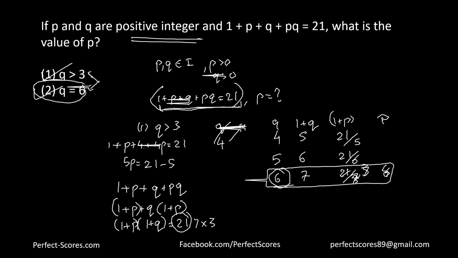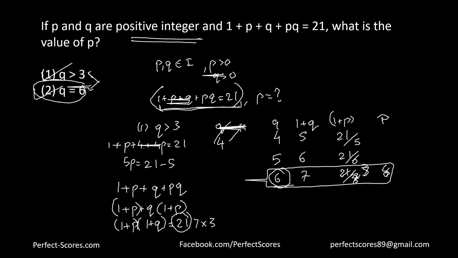So what I'm trying to say here is that with these data sufficiency problems, there is no one way of approaching them. You should always look at the question, look at the context, what is happening, and always be ready to take a step back and change your approach.